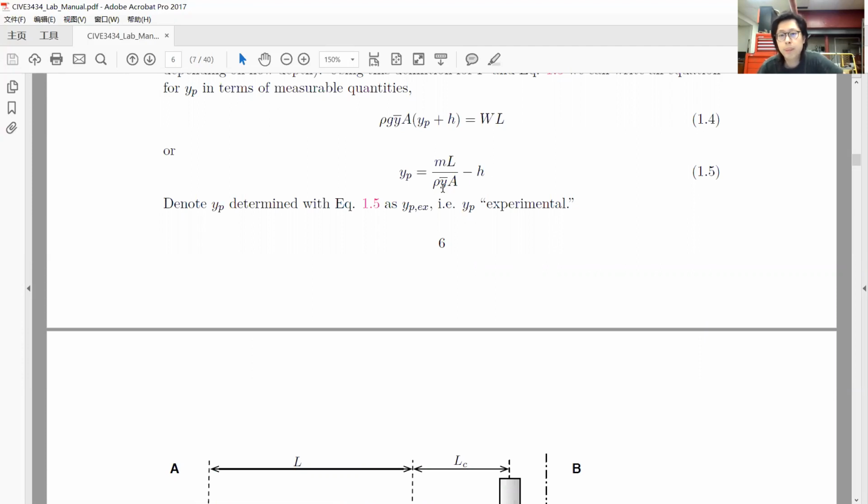So Y bar and H are related to the numbers we report, and M is the mass we record. So probably I will send you the data tonight. It will give everything in here, and you're able to calculate an experimental YP.